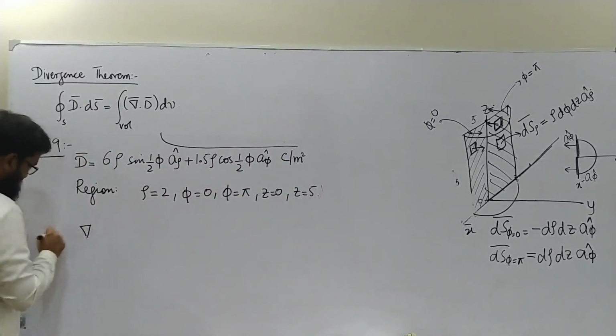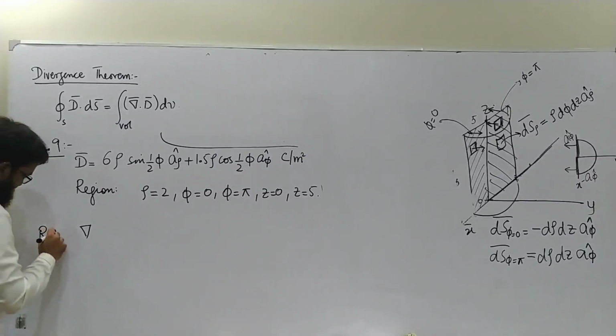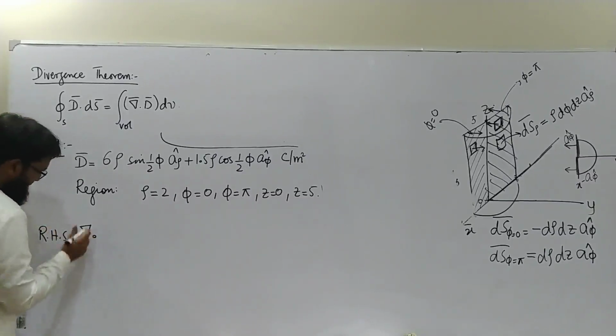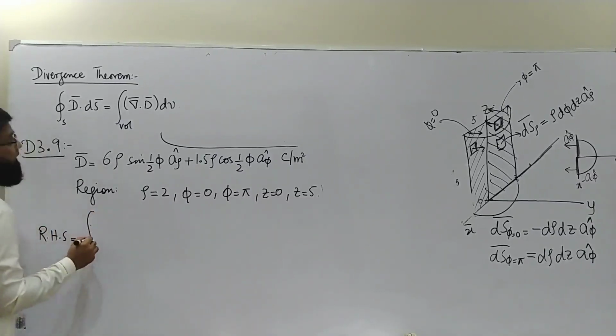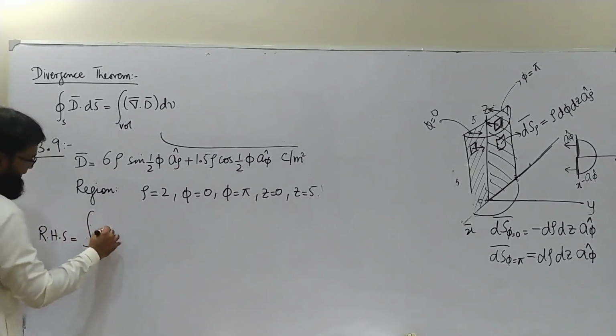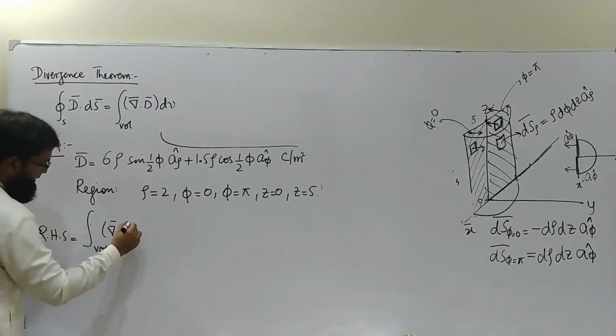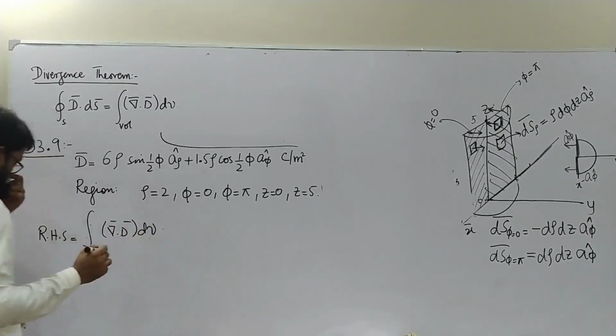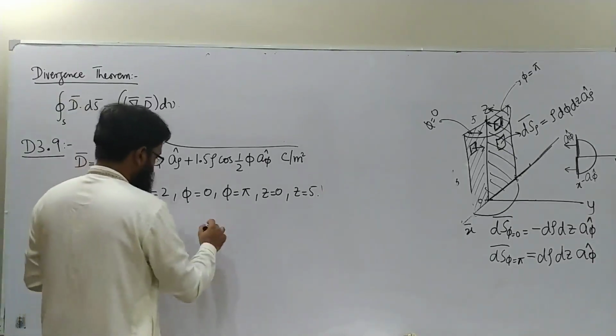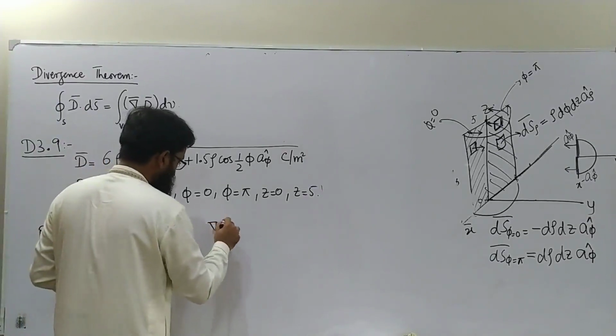So for the right hand side, this is a triple integral, a volume integral, of del dot D dv. So let's calculate del dot D.